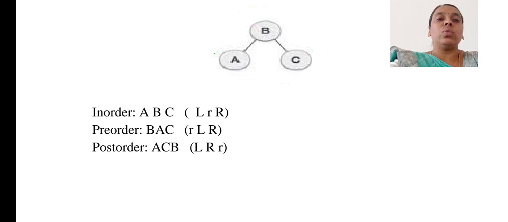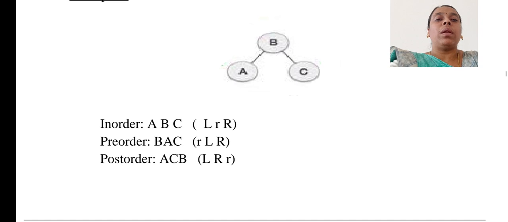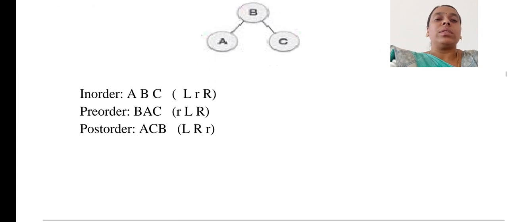First visit the root node B, then the left node A, and then the right node C. That is BAC. Next, post-order traversal: first visit the left subtree, then the right subtree, and then the root. So left A, right C and then root B. This is a small example of in-order, pre-order and post-order traversals.